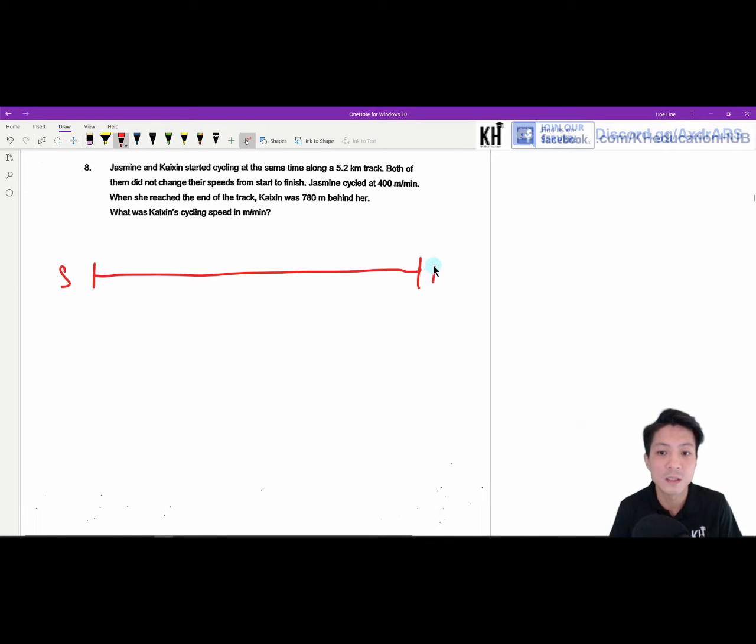This is the start, this is the end. 5.2 kilometer track. So when Jasmine reached the end, Kai-Sing was 780 meter behind her.